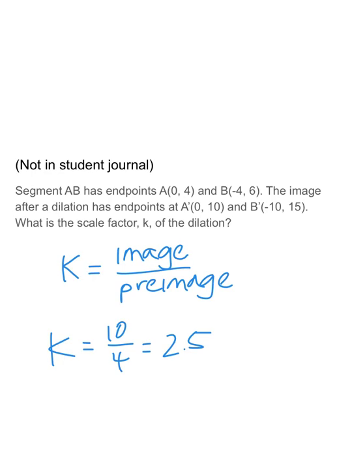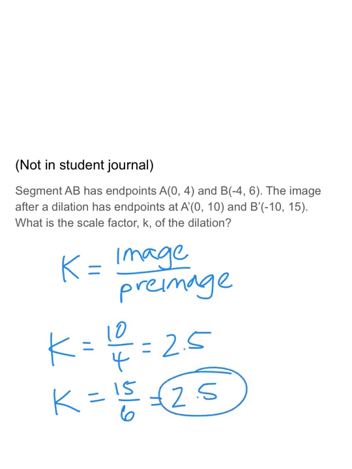Double check it with one more value. So let's do like 15 and 6, for instance. So the y values right here. So if I take 15 and divide it by 6, do we get the same answer? 6 goes in there twice, 3 left over, so that is 2.5. So we double checked it twice. That's the scale factor of our dilation.